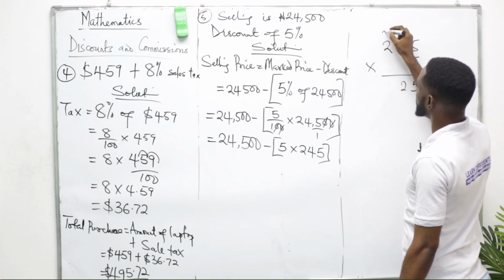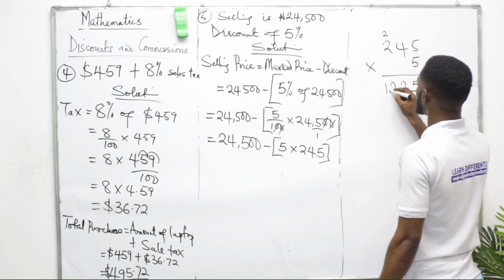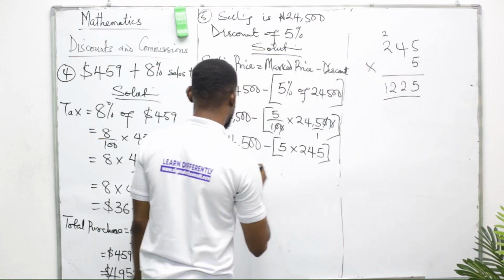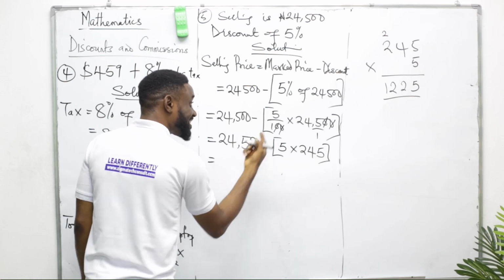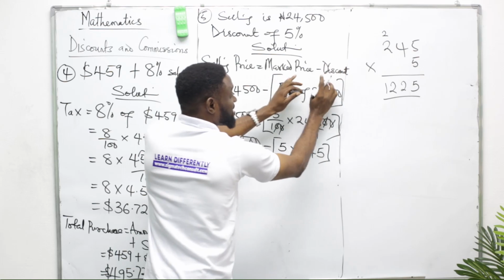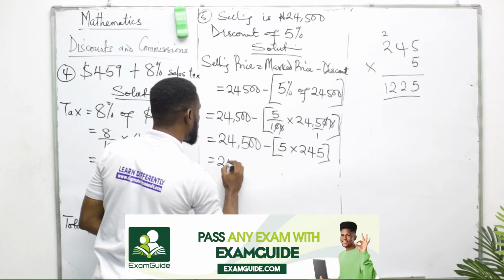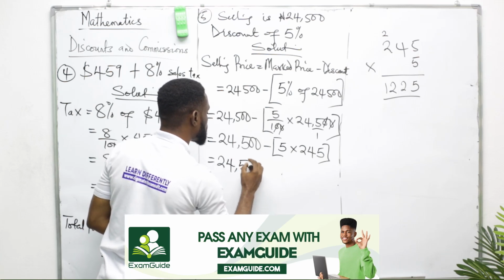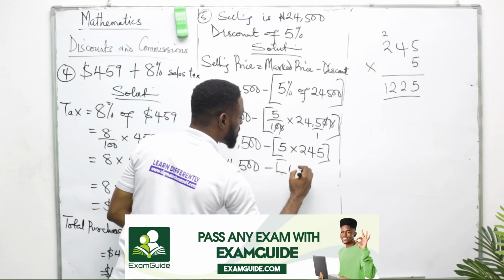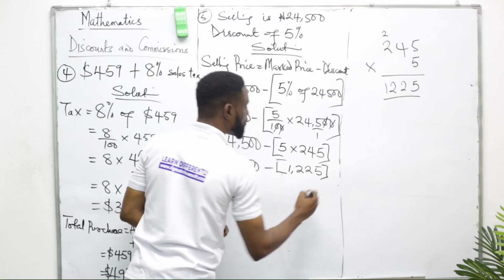We take 2 this way now. 5 times 2 is 10 plus 2 is 12. So it's 1,225. So it means that the discounted amount is this. Can you see this? This thing in bracket is the discounted amount. So it means that 24,500, we subtract that discounted amount, which is 1,225 naira. You get the point now.